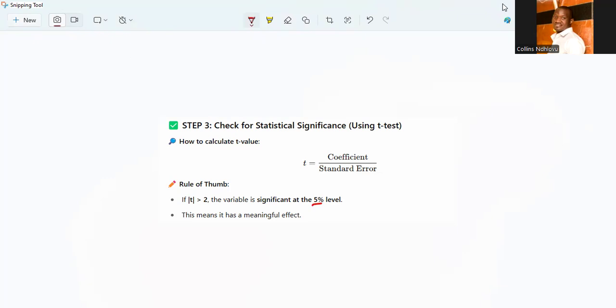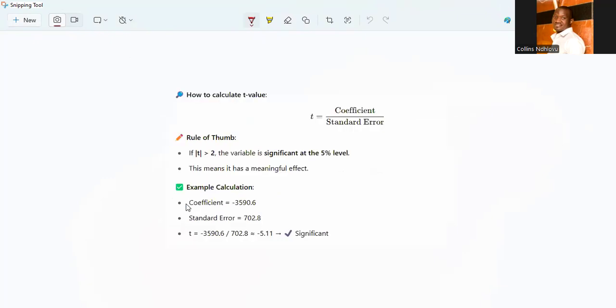In this case, for instance, where you have a coefficient of negative 3,500 and the standard error is 702, how do you find the t? The t is the coefficient over the standard error. So this one divided by that, we get 5.11. We're going to compare this against 2, the standard value.